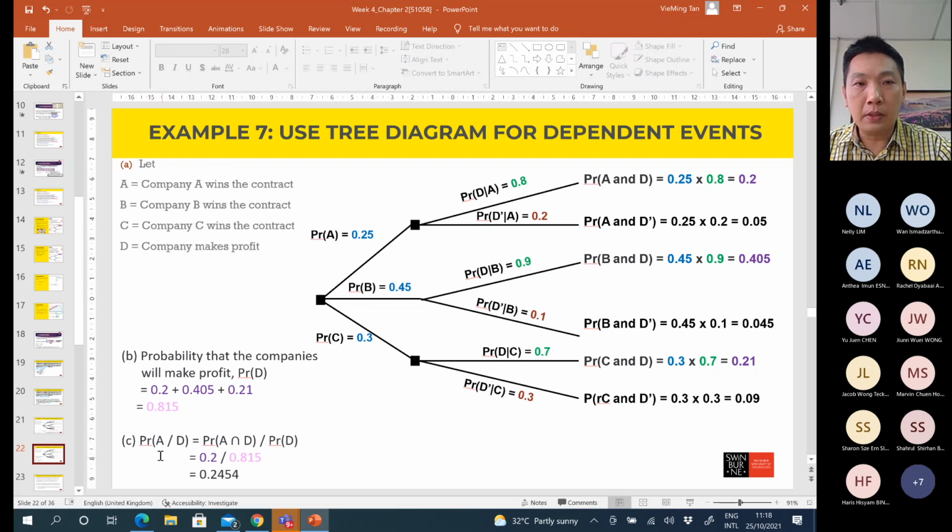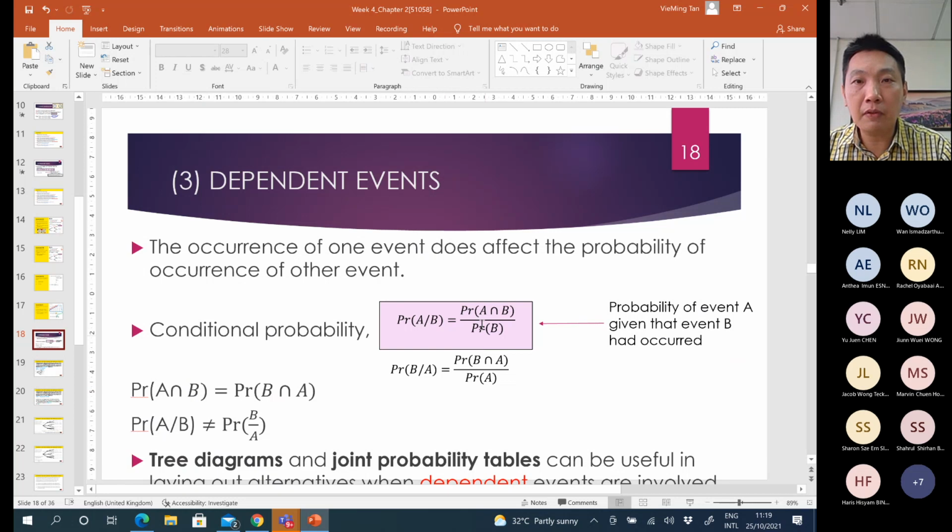What is the meaning of this? This means A intersect D, divided by P(D), because D is at the back and is already given. So D should be used as the denominator.